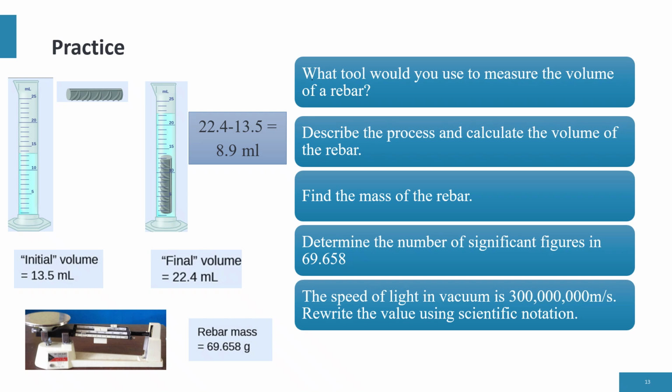There's 3.0. Okay, 3 times 10. I am moving that decimal back because it's 300 million.0. Therefore, I am moving that decimal backwards. 1, 2, 3, 4, 5, 6, 7, 8. So it's 3 times 10 to the 8 meters per second.